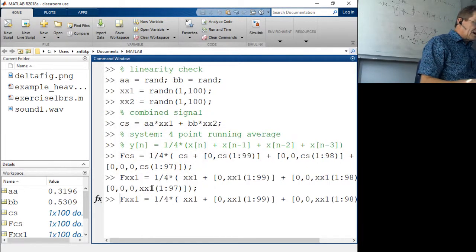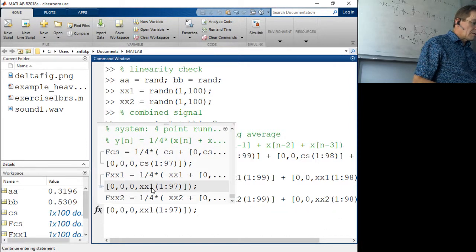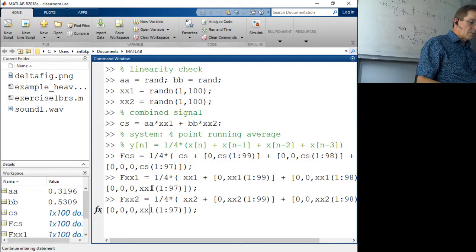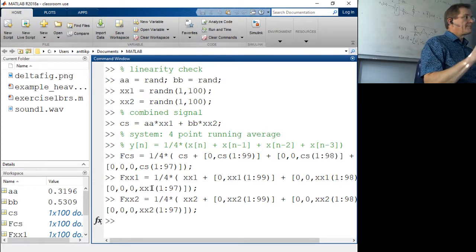Next, I will just calculate the output for the XX2 signal. There, system output for XX2.